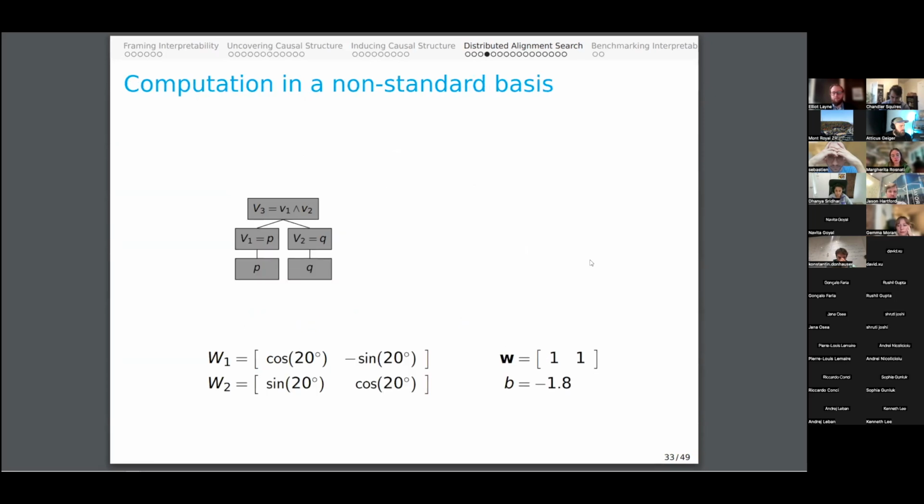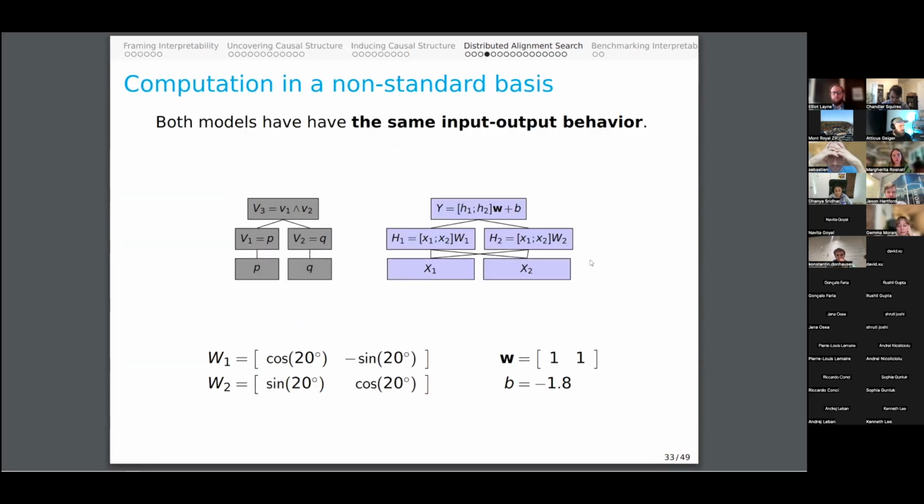So something you can do though is, instead of having it be the identity matrix, you slightly rotate this information. So instead of the identity matrix, it's a rotation matrix of 20 degrees. Just a fact is the input-output behavior is still completely preserved in this model.